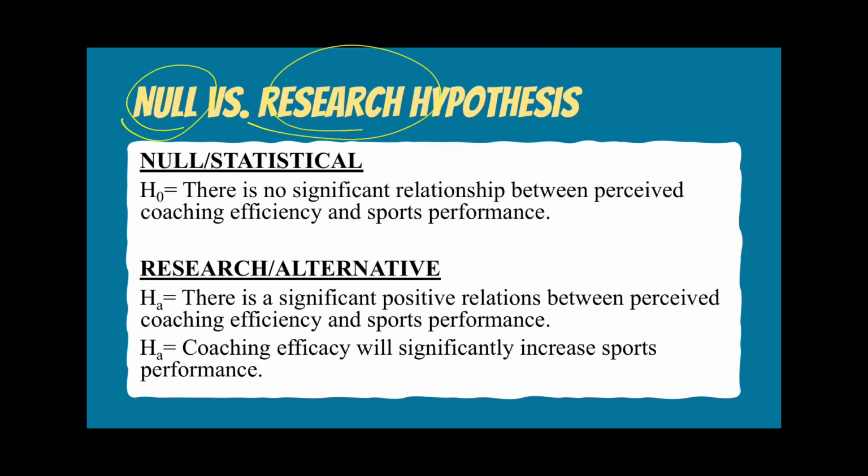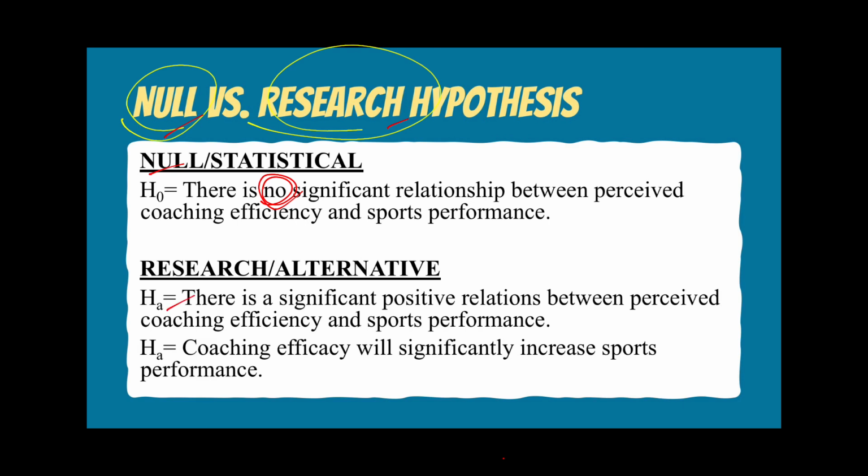And the third typology is whether it's a null or research hypothesis. A null hypothesis predicts that there is no relationship. So when you see the word no, then it is a null or statistical hypothesis. A research or alternative hypothesis predicts the existence of a relationship.